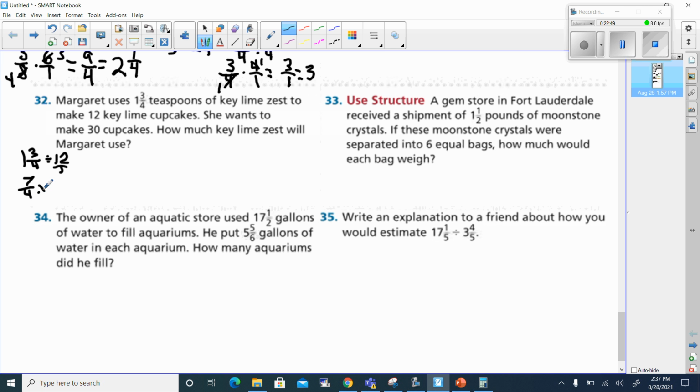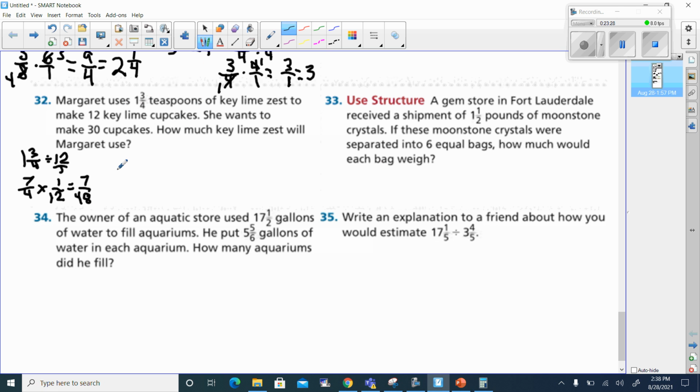Be multiplied to, we're going to flip this, 1/12. I skipped a little step there, okay. I went straight into my keep, change, flip. Now I multiply my top number to my top number, which is 7. My bottom number to my bottom number, which would be 48. So that tells me each key lime cupcake takes 7/48 teaspoon of key lime zest.